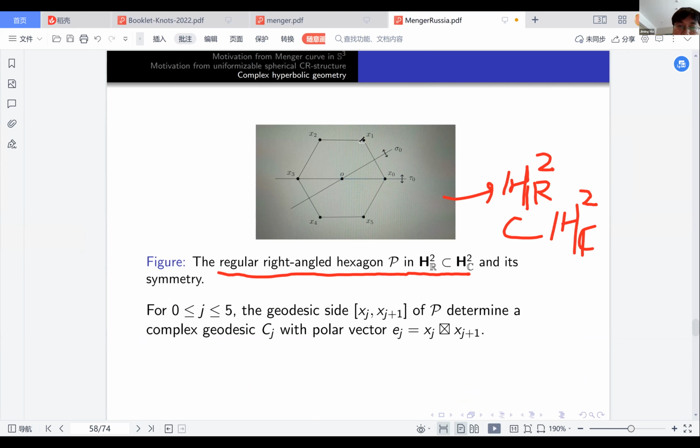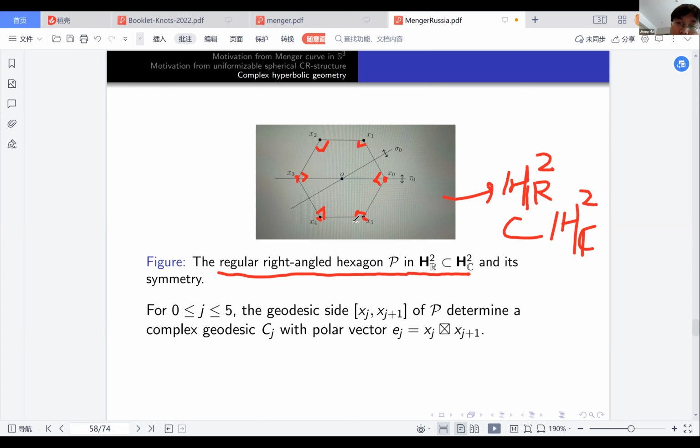The regular right-angled hexagon P has 6 vertices, x0, x1, x2, x3, x4, and x5.